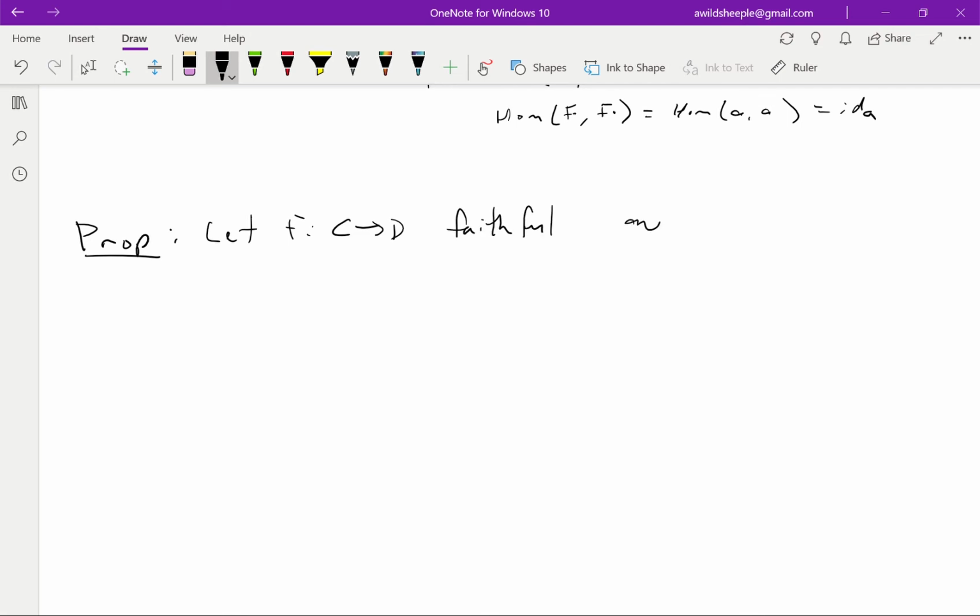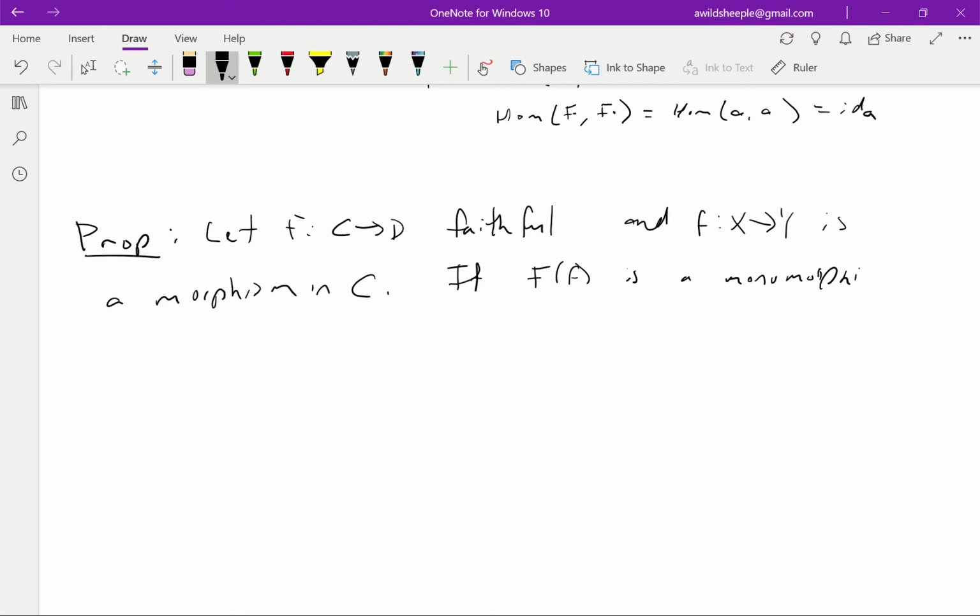And let's say f from x to y is a morphism in C. Then if F of f is a monomorphism, then f is.